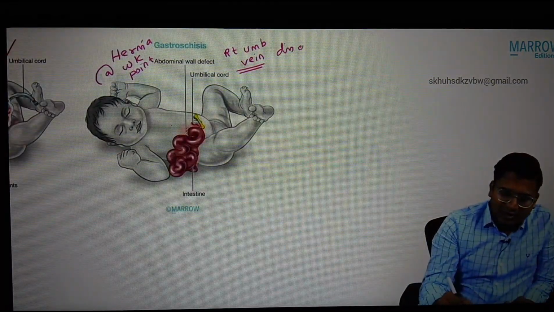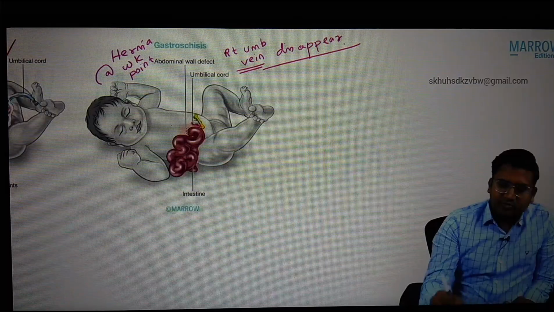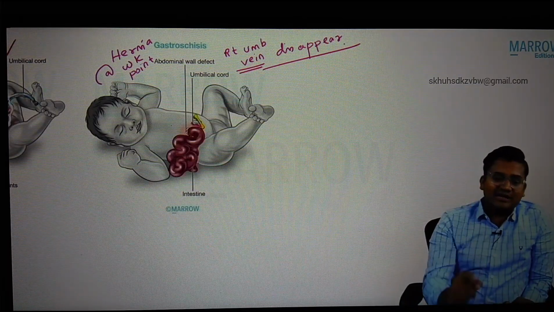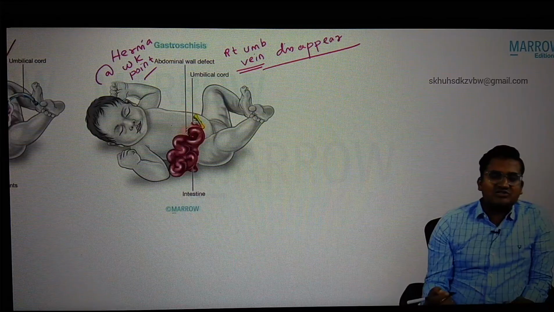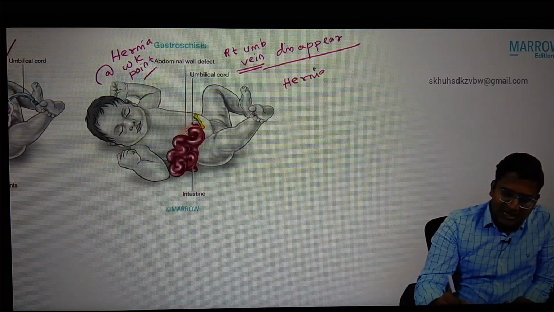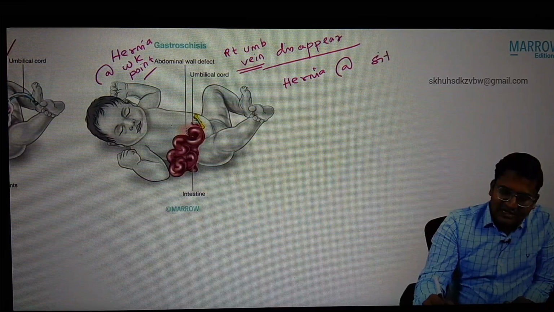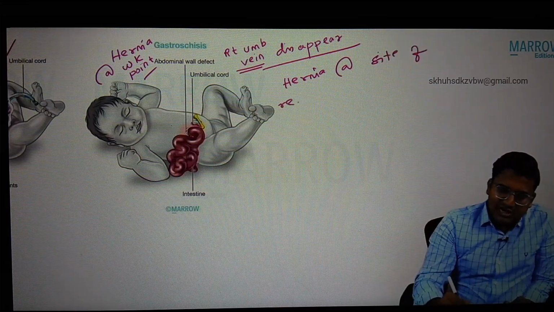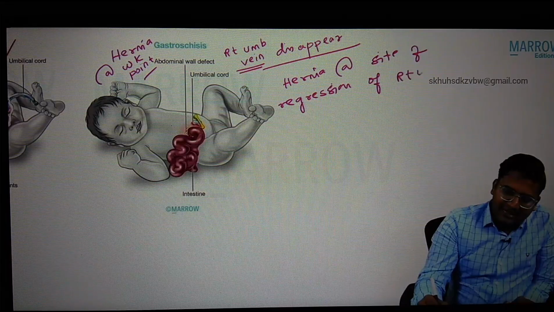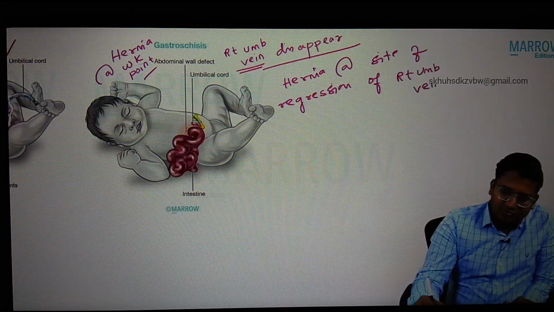One hernia will occur at the site of regression of the right umbilical vein, and that is our gastroschisis. So gastroschisis is a hernia at the site of regression of the right umbilical vein.